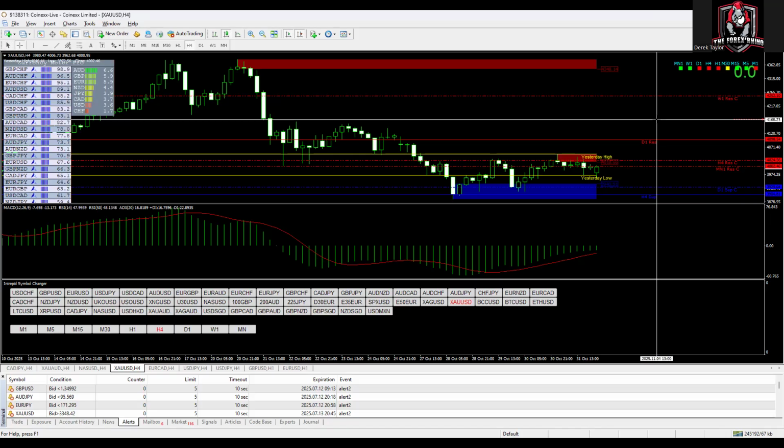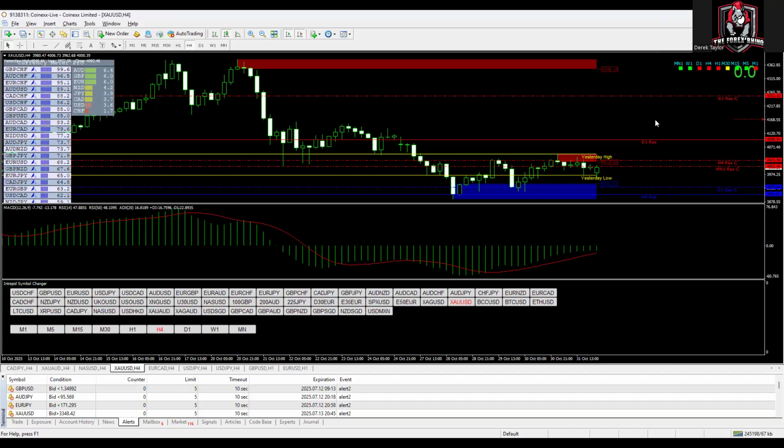The only way I would get serious about this pair is if, look at this flat bottom candle right here, and this week one disappeared. That's the only way I'm going to get serious about it.